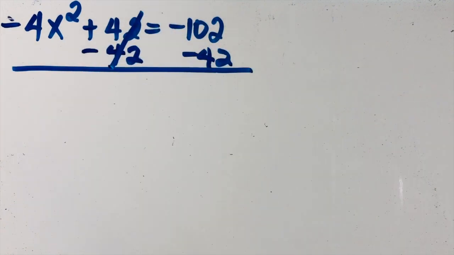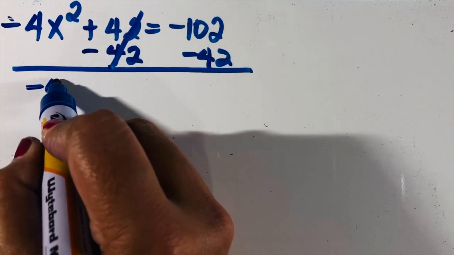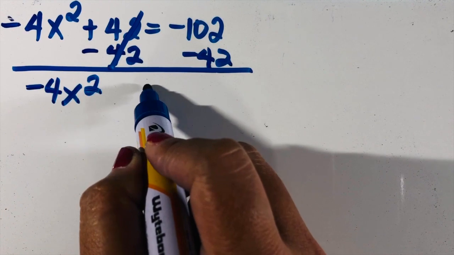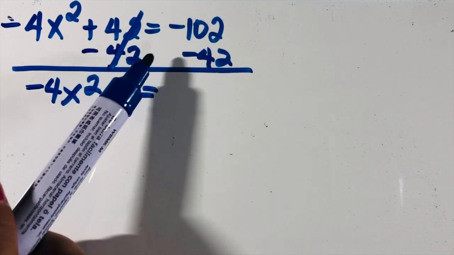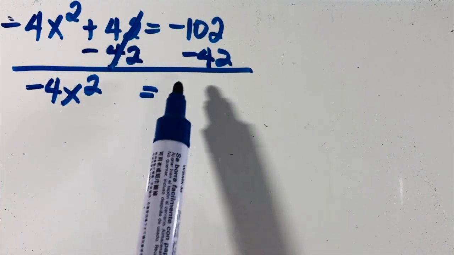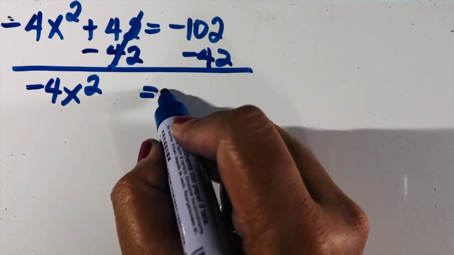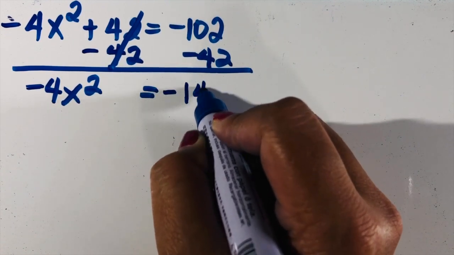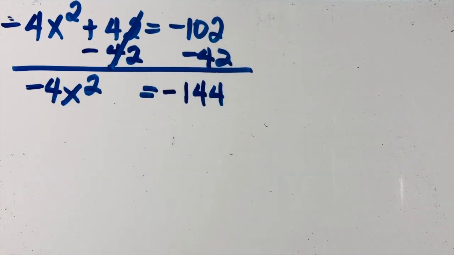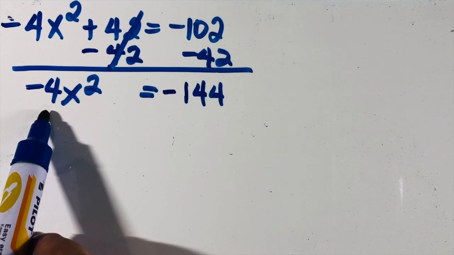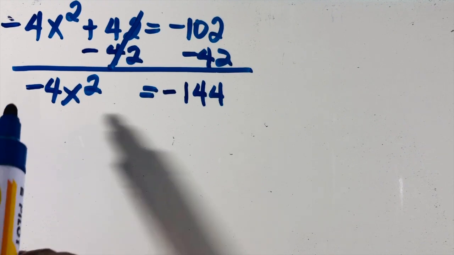Cross this out. Bring down negative 4x squared equals. What is negative 102 plus negative 42? So that is negative 144.